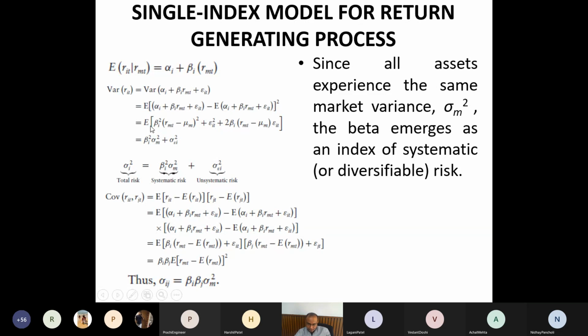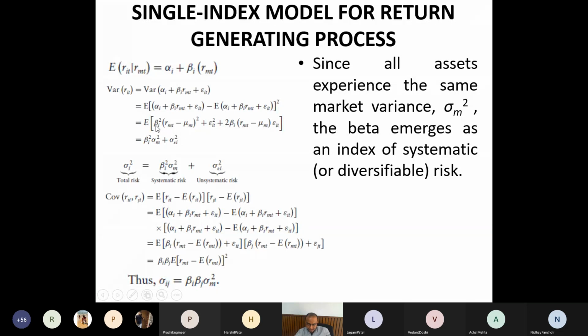And then I apply the properties of expectation and variance. So ultimately you can do this. I think it is very simple. You have to apply the properties of the variance operator that you have studied in your probability and statistics. So the variance of RIT, which I indicate by sigma I square, the risk of this security I, is equal to beta I square sigma m square.